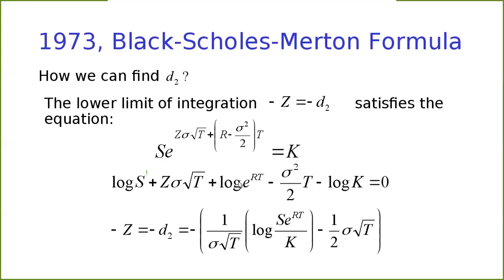These terms we write on the right side, and that equals, you see, these factors 1 divided by sigma, this square root, and into this. So it is a way how we can find the limits of these integrals.